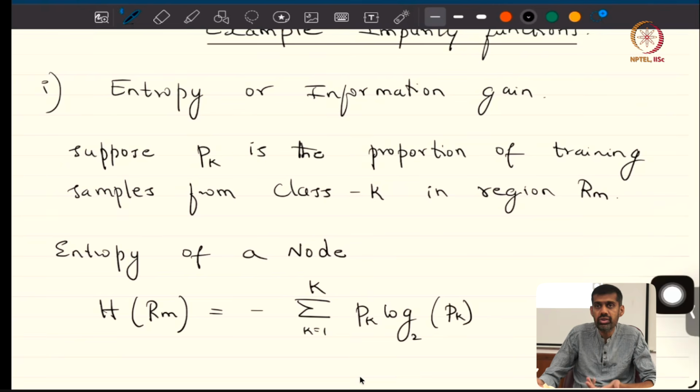This is the usual definition of entropy, and this is how we define the entropy of a particular node. What is this? This is related to the KL divergence between this and the uniform distribution. If it is 0, then that node is perfectly pure. If it is maximum, then that node is perfectly impure, and everything in between.